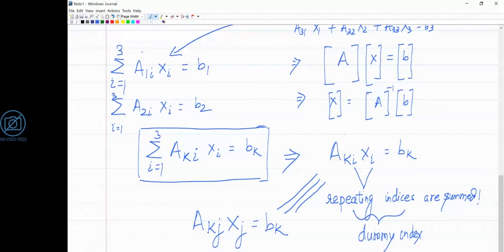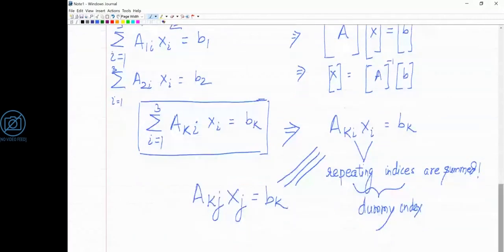Whereas the other index that is present here, this k, which is appearing only once, that's called a free index. Okay, so a dummy index is going to repeat twice, whereas a free index appears only once.